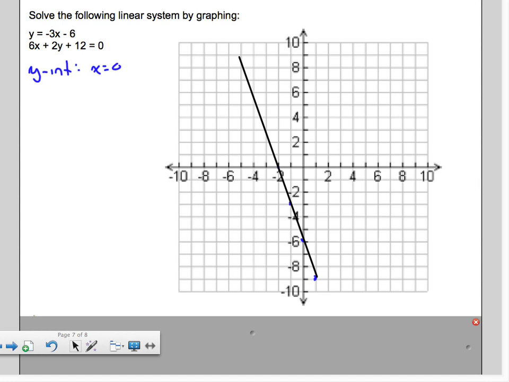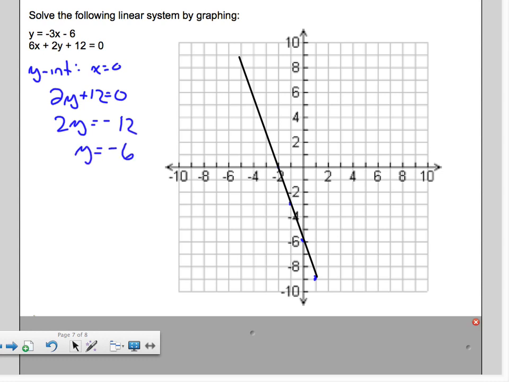This was in slope-point format, which is use slope. Here, I see that zeros might work out and give me exact numbers. So if x is equal to 0, 2y plus 12 is equal to 0. So 2y is equal to negative 12, so y is equal to negative 6.